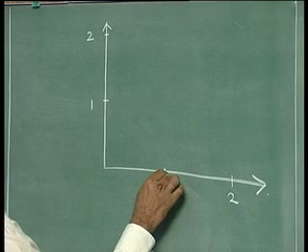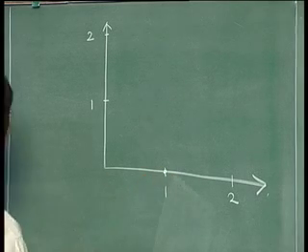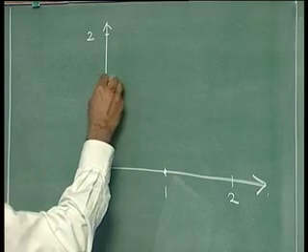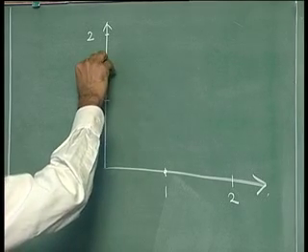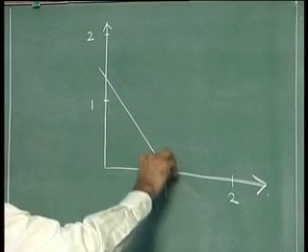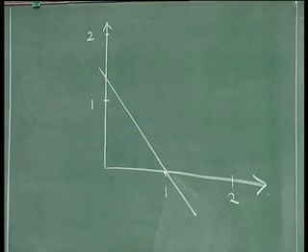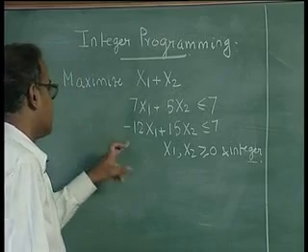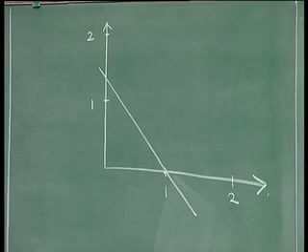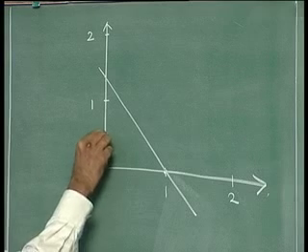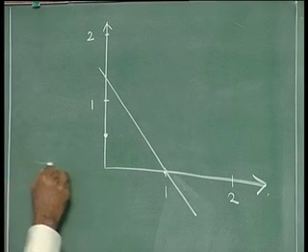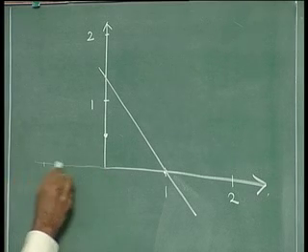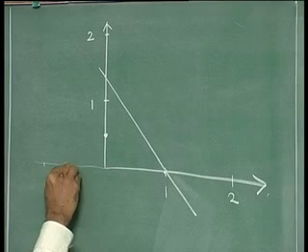So, I have 1, 0 for the first one, and x2 is equal to 7 by 5, which is roughly 1.4. So, this is the first line which is here. Second one would give us x2 equal to 7 by 15 which is somewhere here, and x1 is equal to minus 7 by 12 which would be somewhere here.